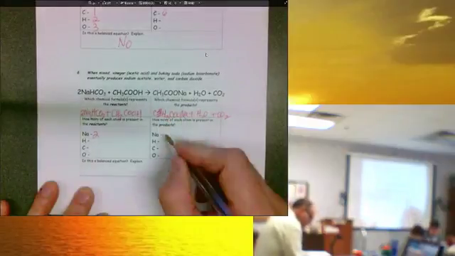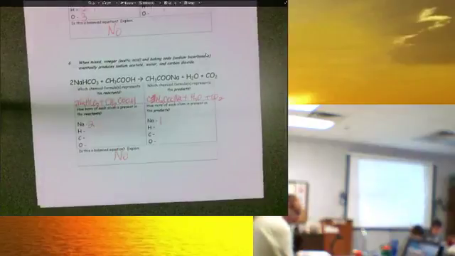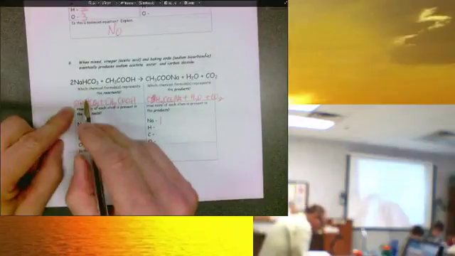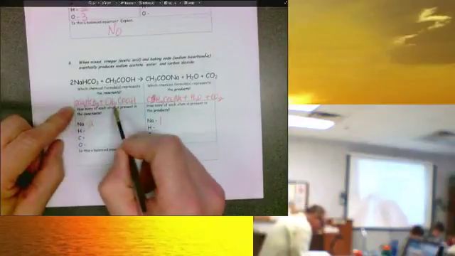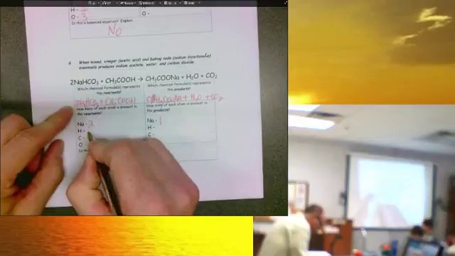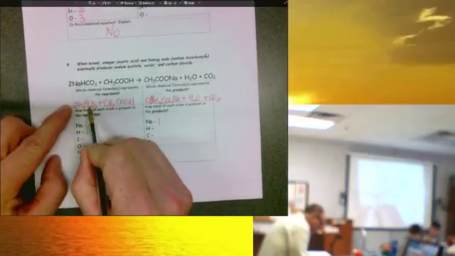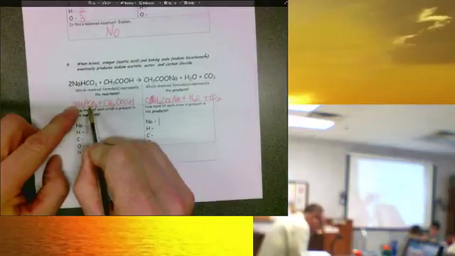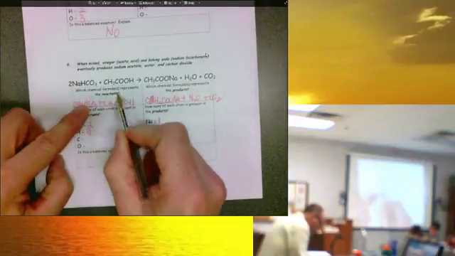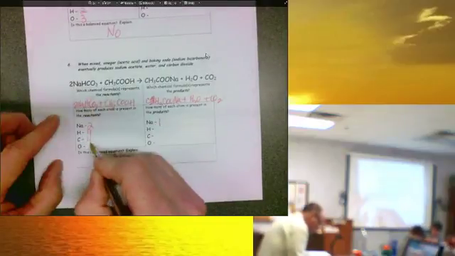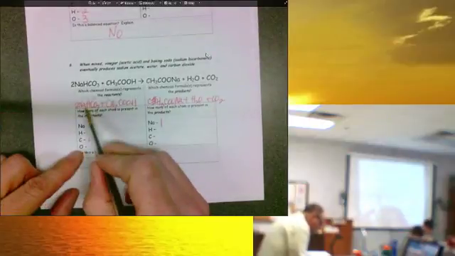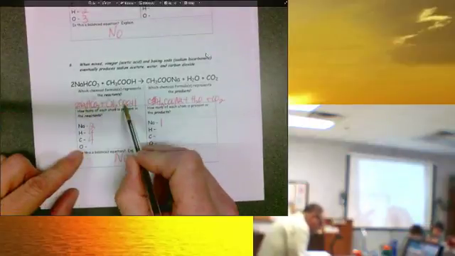Just 1. So that's all we had to do. Now if you counted all of them like you should have, you would have got 4 H's. For the carbons, there's 1 there, 2 there, 1 there, and 1 there, so that would have been 4. And the O's, there are 6, 7, 8.